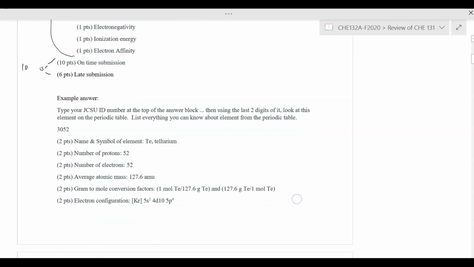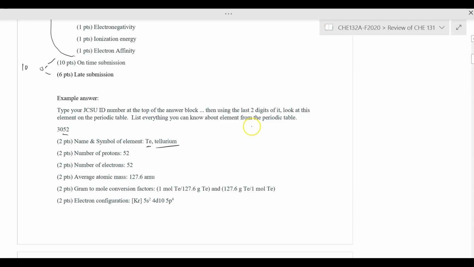So my ID number at JCSU is 3052. You can tell I'm an old timer because I have a 4-digit ID number. 52 is element Te, which is tellurium. If you look on the periodic table, here, let me get my periodic table and show you this.